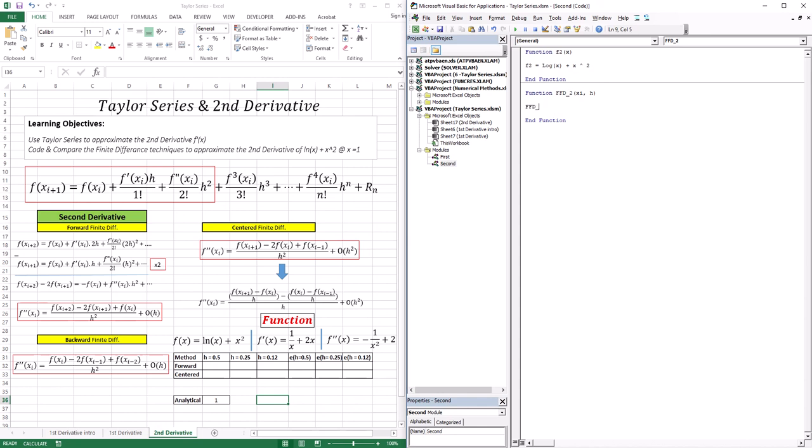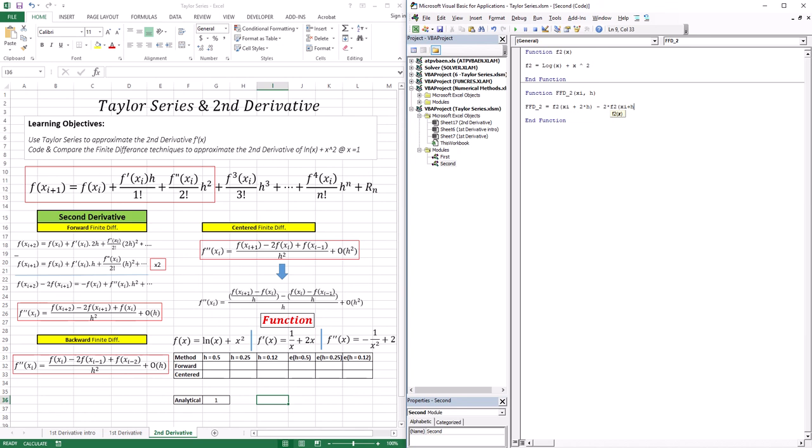So ffd underscore 2 is equal to, as we see here, f2 of xi plus 2 times the step size, minus 2 multiplied by f2 of xi plus the step size.